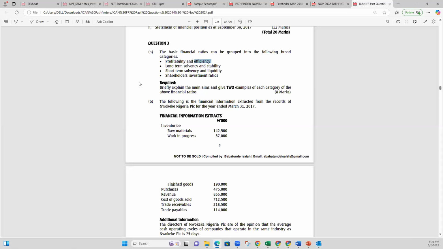It speaks on the ability of an entity to meet its short-term obligations. Fantastic. An example is the inventory turnover period, and also the receivable turnover period.